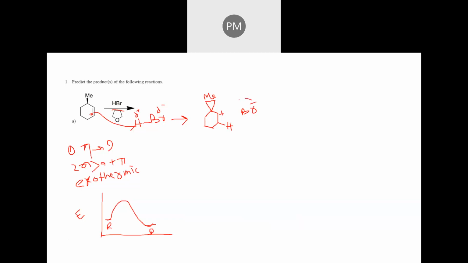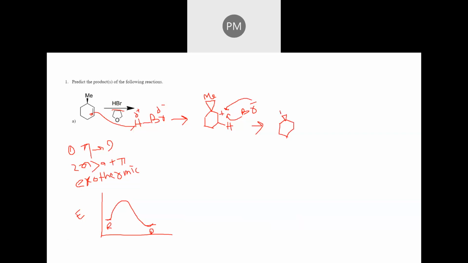Br minus can attack from this face or from below. Like an SN1 reaction, there are two possibilities for Br minus, it can attack from above or below. So our product will be like this, with the methyl above.